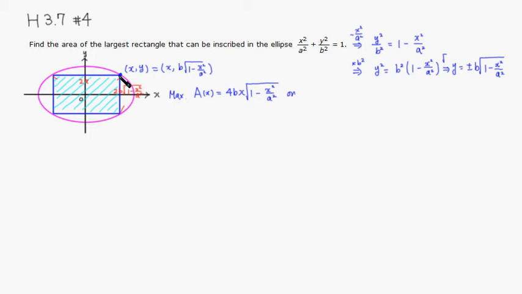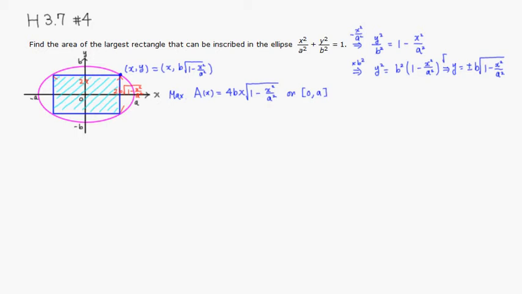This vertex can move from x equals 0 to a. I forgot to write it: this is a here, this is negative a here, this is negative b there, and that's positive b up there.